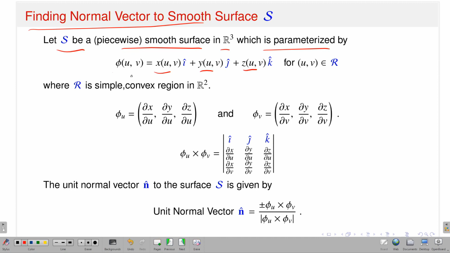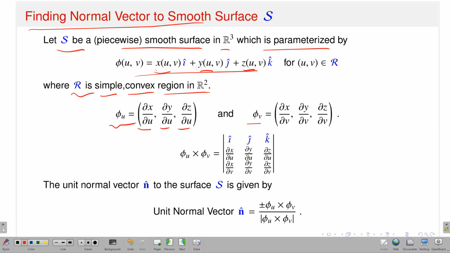So here I have written the corresponding parametrization, where my region R is a simple convex region in R2. Then you can easily calculate phi u at any point (u, v), which is nothing but del x del u, del y del u and del z del u. What is my phi v?